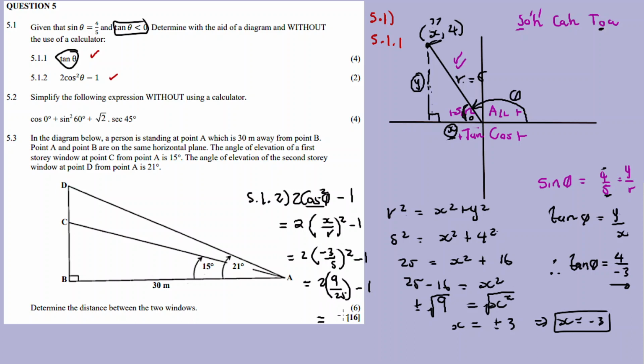What is 2 times 9? That is 18 over 25 minus 1. Writing 1 as 25 over 25, we get 18 minus 25 over 25, which is negative 7 over 25.